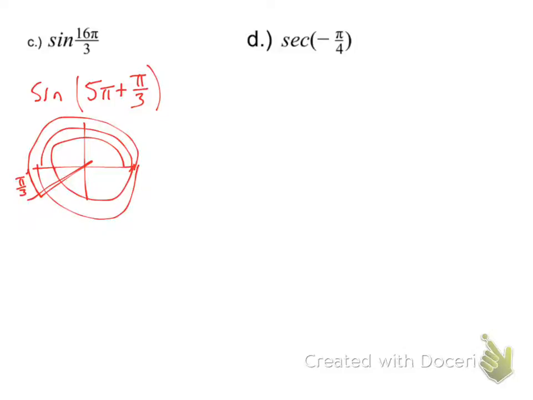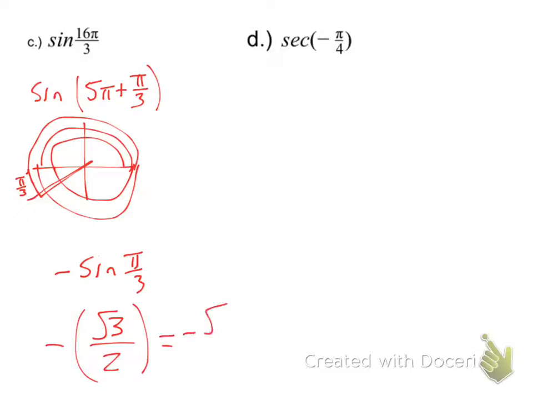So we have a reference angle pi over 3, but sine in the third quadrant is negative, so it's not just sine of pi over 3, it's a negative sine of pi over 3, and sine of pi over 3 is square root of 3 over 2, which is a negative square root of 3 over 2. We're not switching from radians to degrees. We're evaluating sine of pi over 3. Any questions? So it's really not so bad.